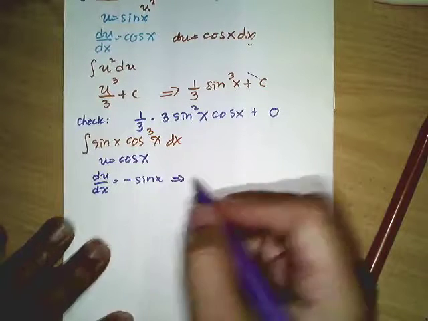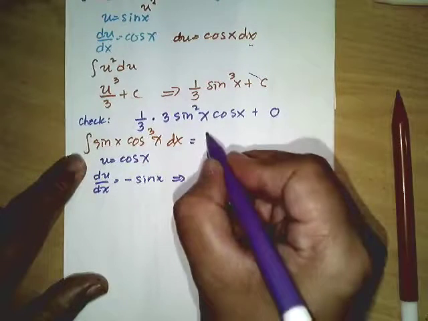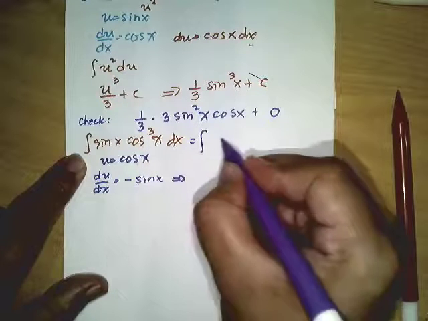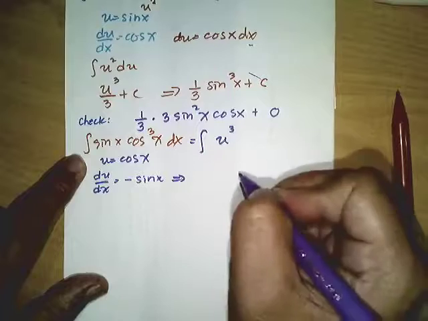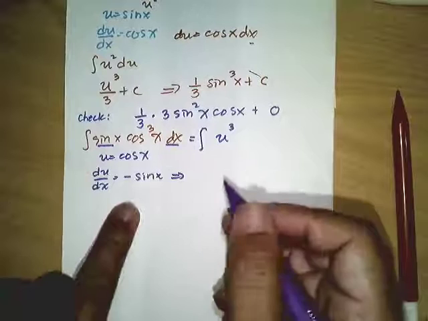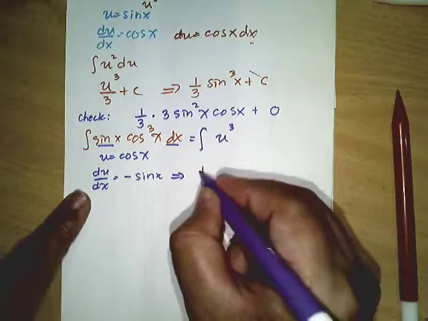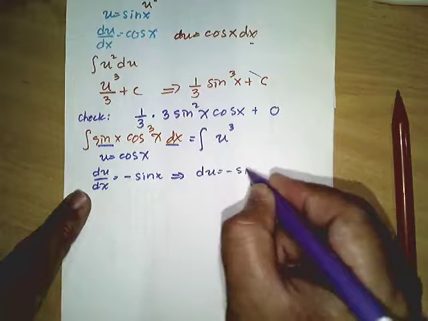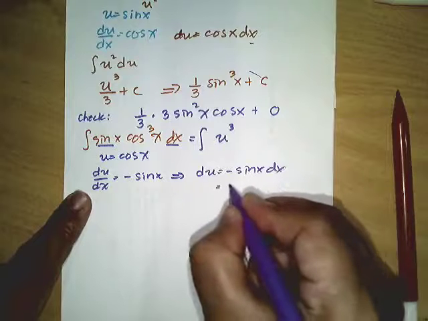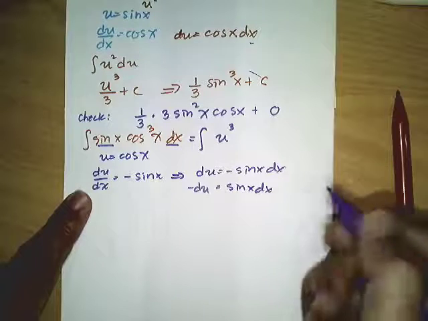We can now do the substitution. This integral is equal to the integral of u cubed, since u is cosine x, and then you have sine x dx. You want the expression for sine x dx, and you can take it from here. We see that du is equal to negative sine x dx. But we want only sine x dx, so we divide by negative 1. So sine x dx is negative du.